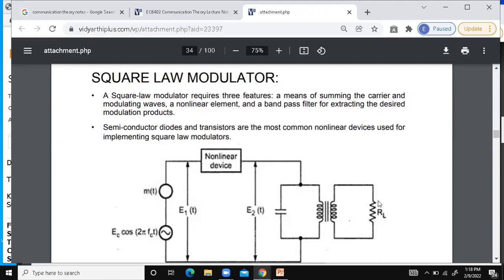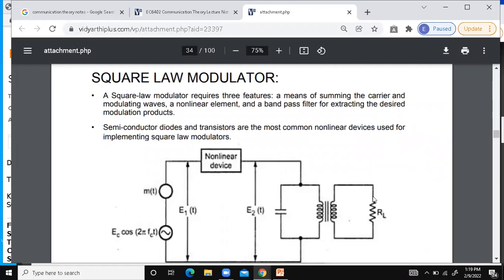And then we're going to have a bandpass filter, meaning that when we get here and we have a message on your carrier and it gets mixed up with all kinds of noise, this bandpass filter is going to get rid of those frequencies that we are not interested in and just deliver to the load the frequency we have an interest in.